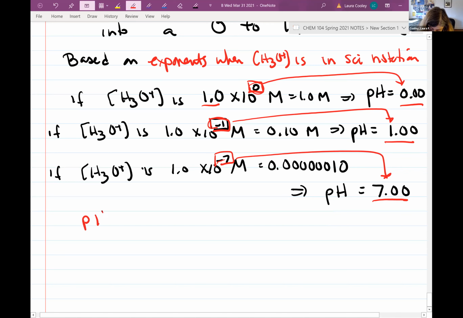In fact, the pH is the negative base 10 log. This is different from a natural log. It's different because the inverse of this is 10 to the, as opposed to e to the, okay? So it's the negative log of the H3O plus concentration.